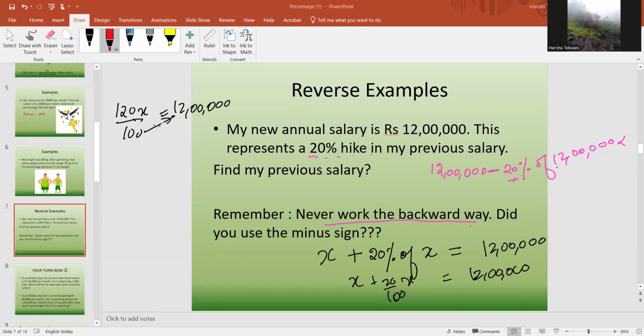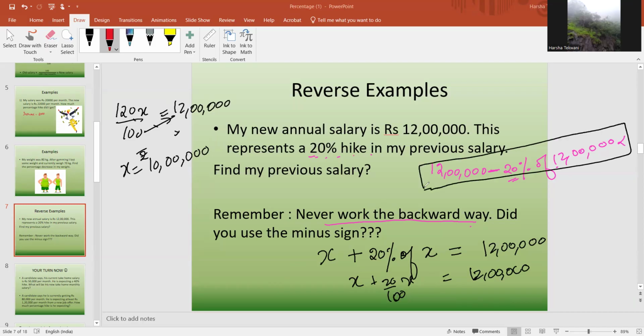Cross multiply, bring 120 down, you would get 10 lakh. So my last year's salary was 10 lakh rupees. If you went the other way, you would have got way less than 10 lakh. So this is an incorrect concept.